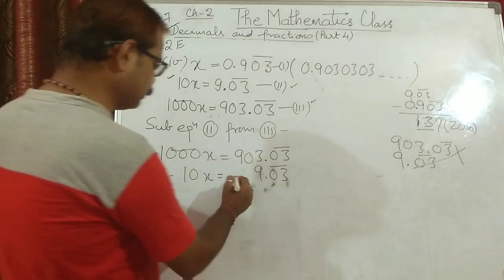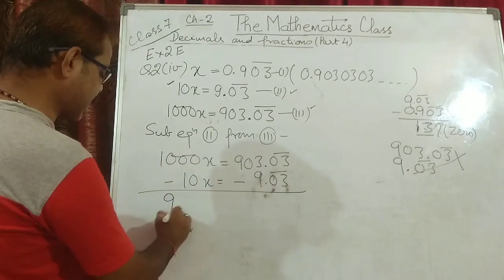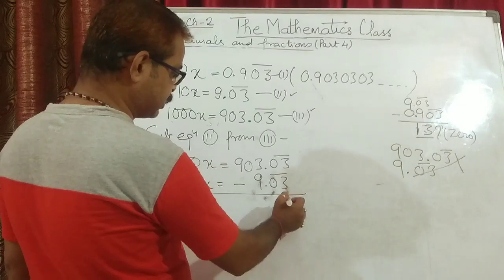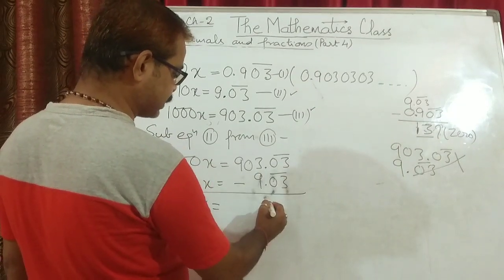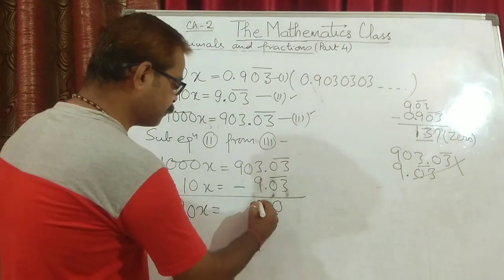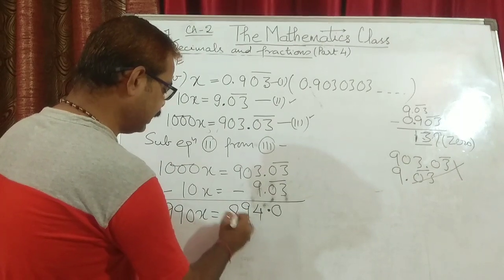Now when we subtract them, 1000 minus 10 is 990x. In this, 3 minus 3 is 0, 0 minus 0 is 0, which means nothing is left after the decimal. Now 903 minus 9 is 894.